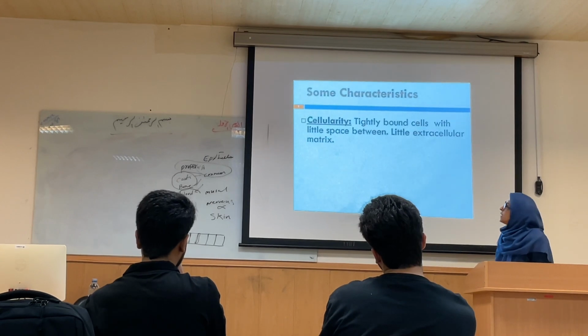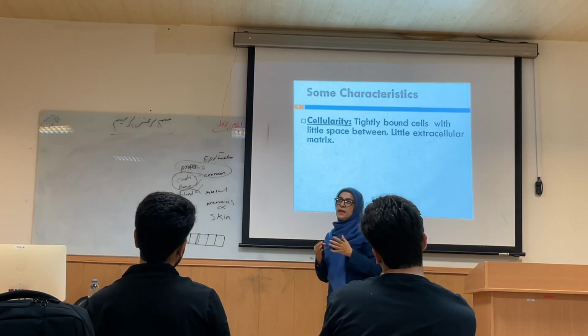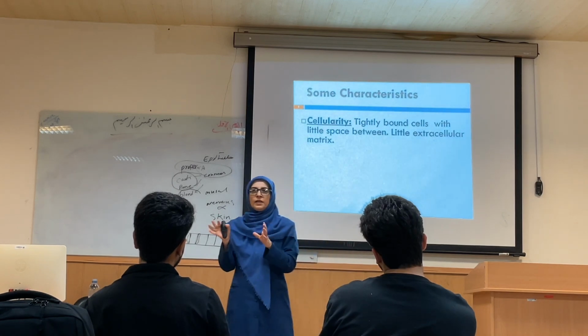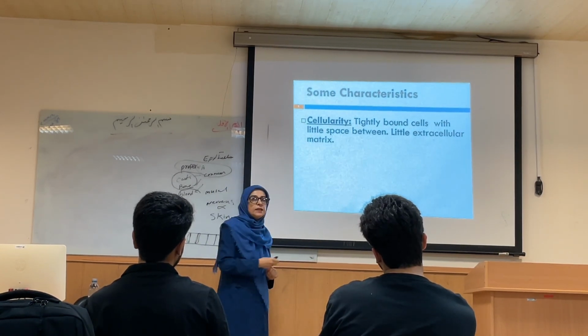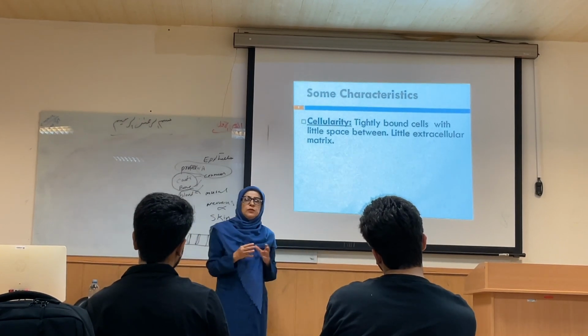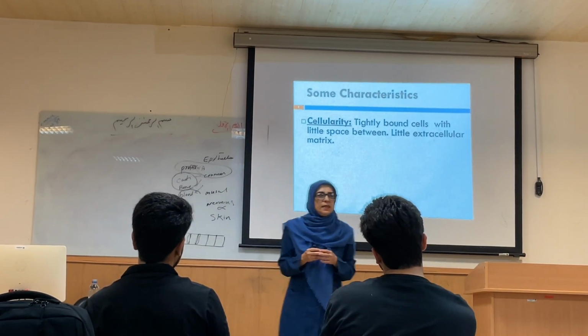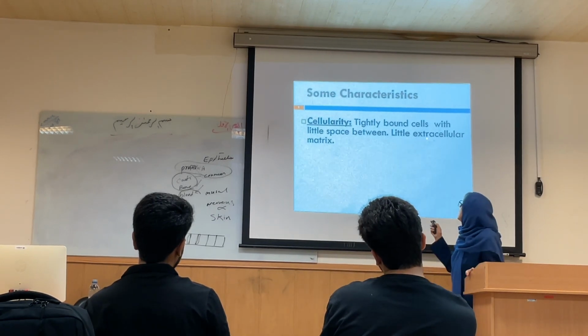The epithelial cells have some characteristics by which we can identify them from other cells. The first one is cellularity. It means they include a lot of cells that are bound tightly together with a little amount of extracellular matrix.